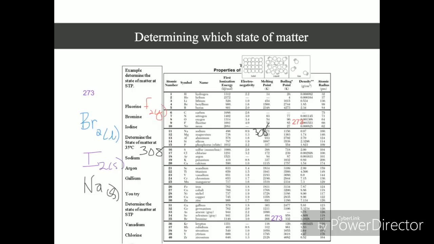When we insert the number 308 into argon, we find that it falls after both the boiling point and the melting point. So 308 falls here. So argon is a gas at 308. Now it's your turn to try to determine the state of matter that gallium is at 308 Kelvin. Then find the state of matter the following elements are at STP.